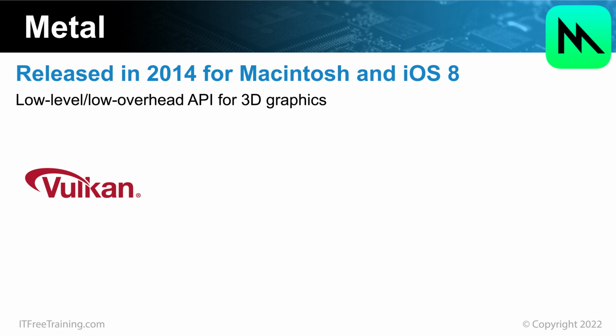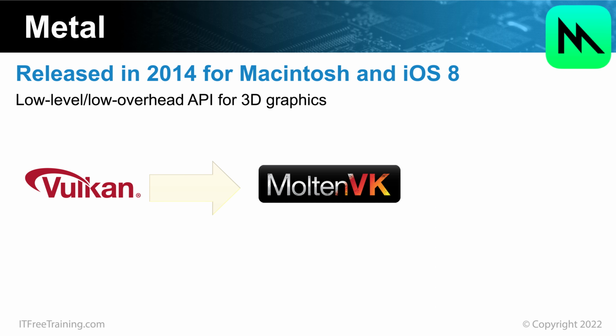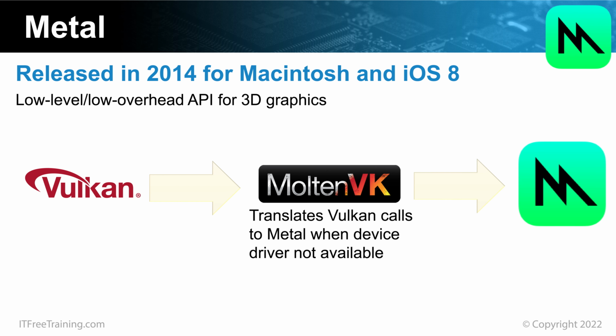Vulkan has been released for Macintosh OS. The problem, however, is device driver support may not be available to fully support Vulkan. To allow Vulkan to run, MoltenVK was created, which allows Vulkan to access the hardware using the Metal API. MoltenVK was first released as a commercial product in 2016.